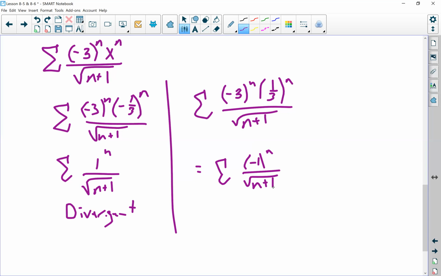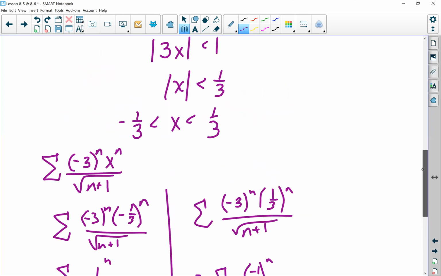Okay. And it's convergent as long as the rest of the sum goes to 0 as n goes to infinity. So that's convergent. So that means we include the positive 1/3.